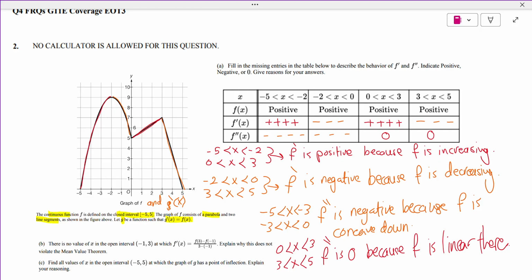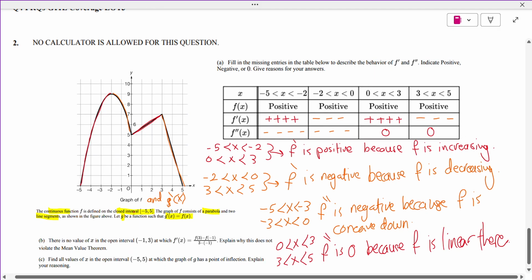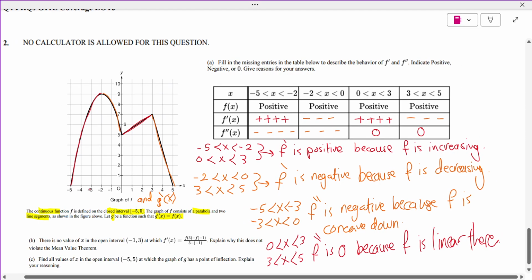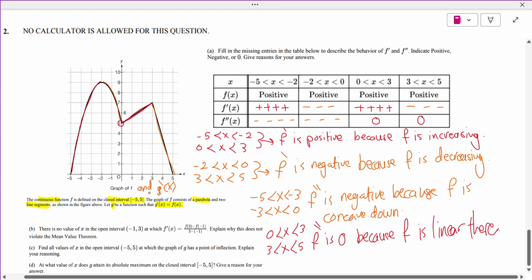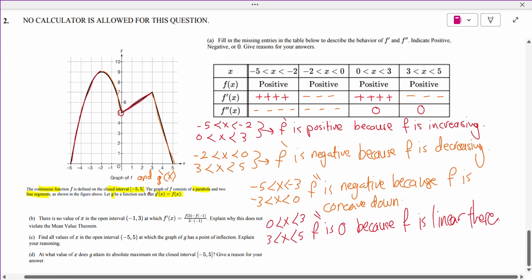Okay, the second part says there is no value of x in the open interval from -1 to 3 at which f prime of x equals f of 3 minus f of -1 over 3 minus -1. Explain why this does not violate the mean value theorem. Well, if you look at the graph from -1 to 3, the mean value theorem won't be applicable here, because at 0 there is a sharp corner, so f is not differentiable at 0, right?